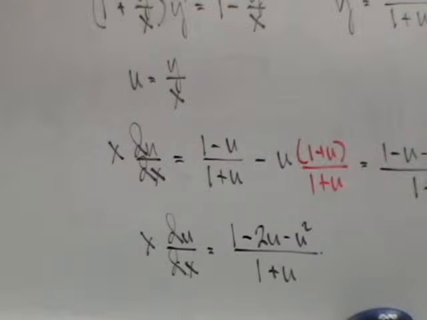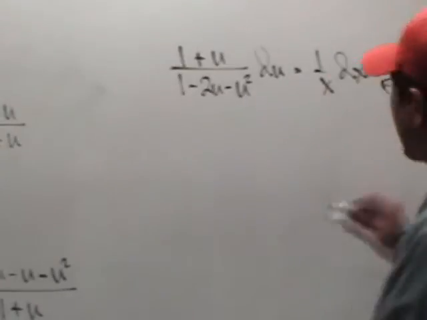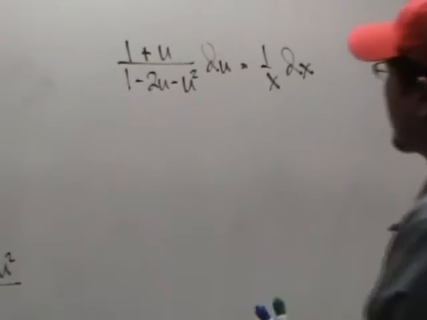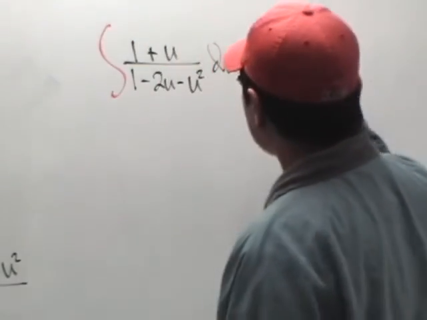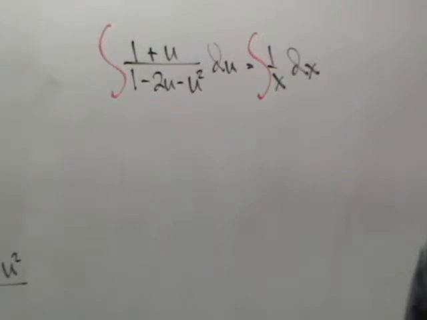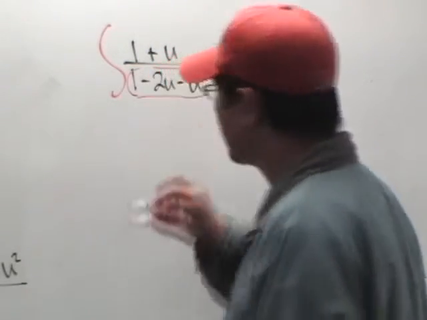Okay, so now let me separate that out. If I separate that out, I get 1 plus u over 1 minus 2u minus u squared du is equal to 1 over x dx. Now this one's a little tricky, where you need to recognize that this part is your substitution derivative, the chain rule derivative. You derive the inside. So basically you're going to say this is your w.